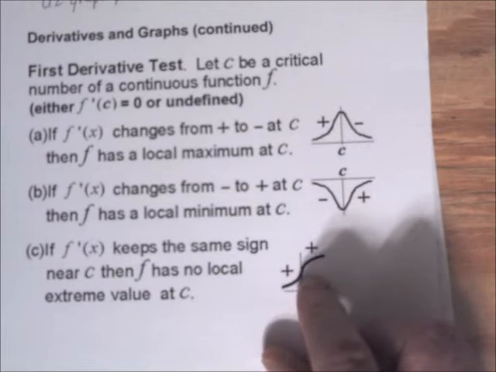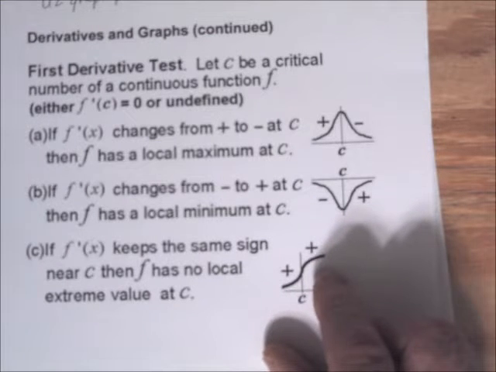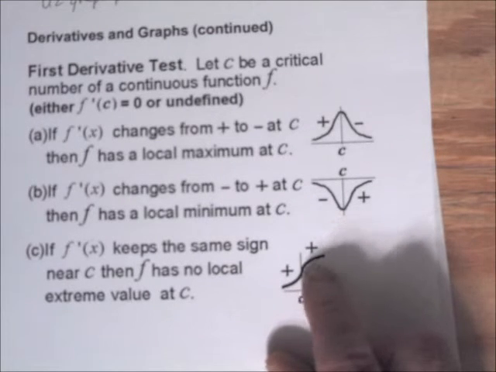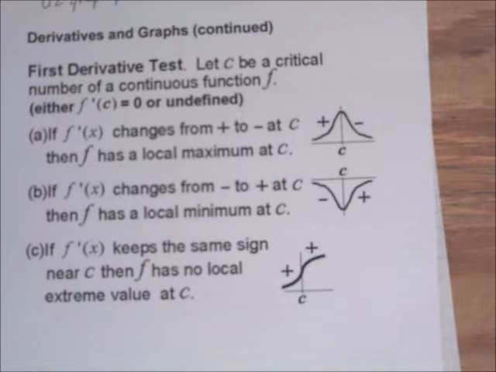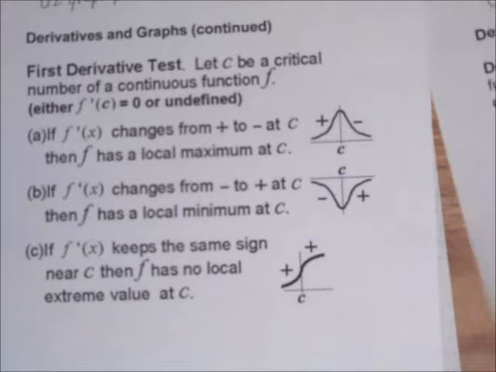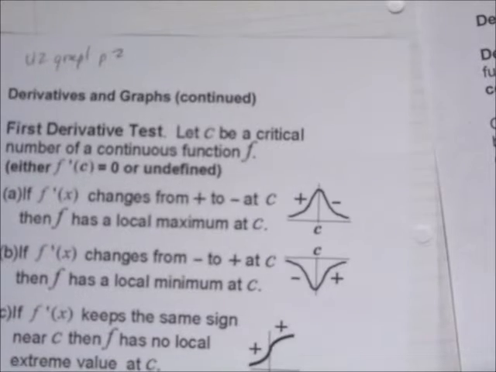If f prime keeps the same sign, then f has no local extreme value. So if we have positive, it looks like perhaps undefined slope. It gets pretty steep there, and then it's positive slope again. So it could be a critical number without being a local extreme.